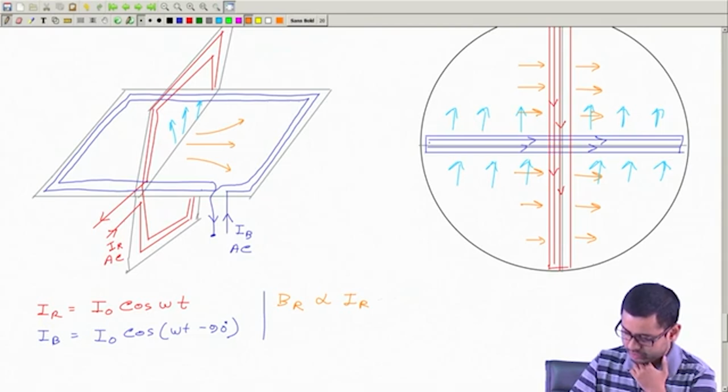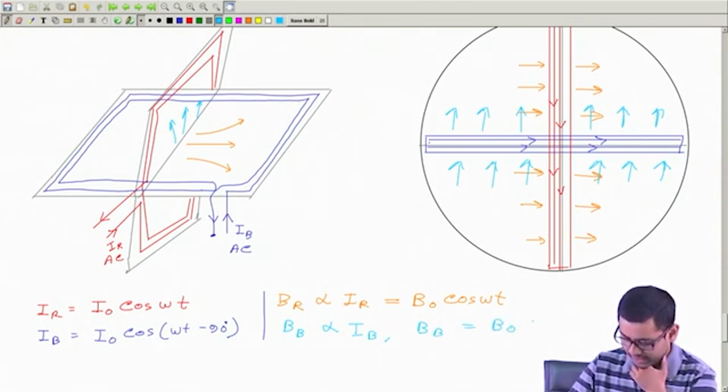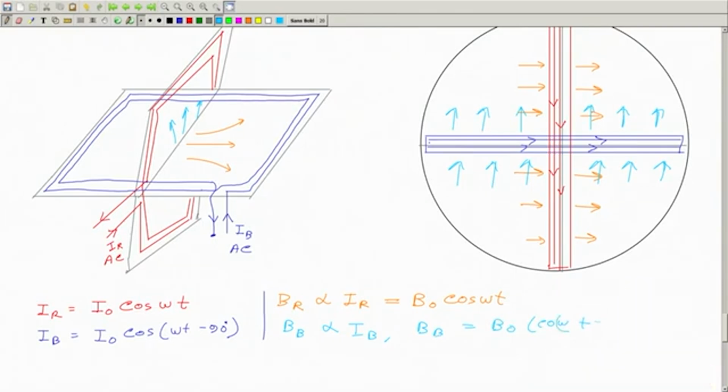So this will be equal to some B0 times cos omega t, and BB will be proportional to IB. So let me write BB is equal to some B0 times cos(omega t minus 90 degree). Okay.